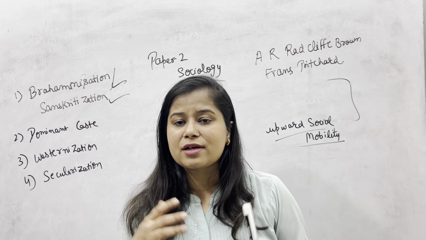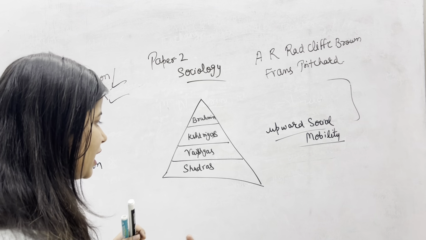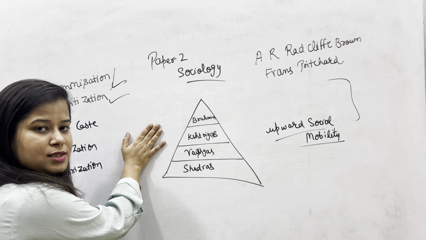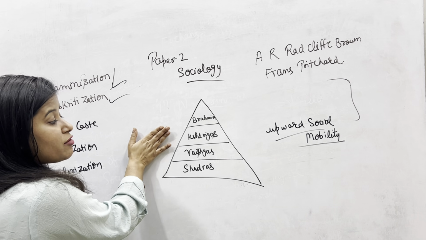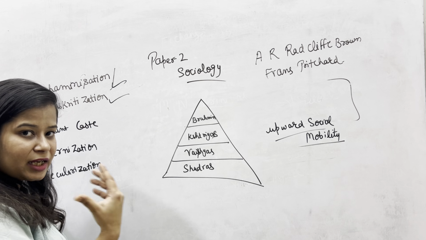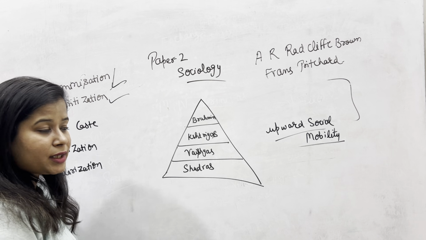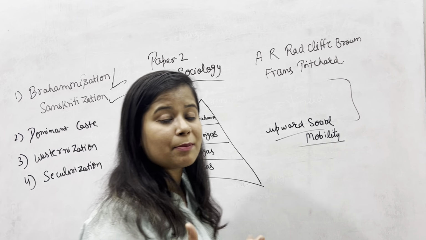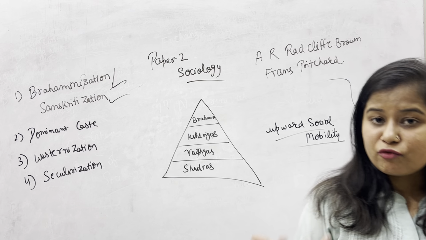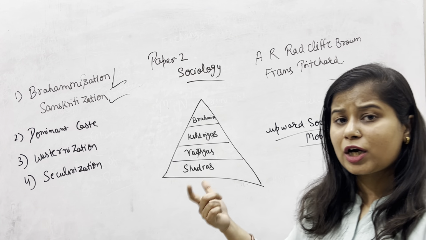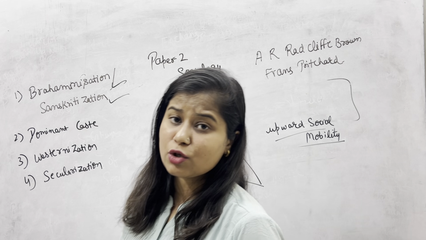For example, if in any area Brahmins are not in the majority, but the Kshatriyas and Vaishyas are in the majority and play the dominant role over there, then the lower caste will try to imitate them. So in that case, the word Brahmanization will not fit into this theory.